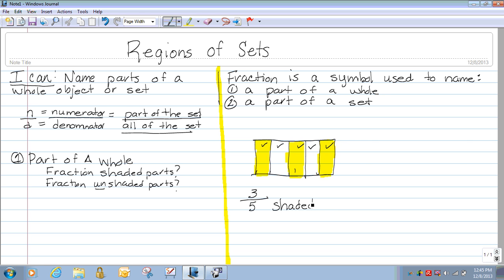If I wanted to know the fraction of unshaded parts, I would count how many unshaded parts I have, and that would be 1, 2. That would go in my numerator, and my total parts are still the same, 1, 2, 3, 4, 5. So my fraction of unshaded would be 2/5. Push pause.